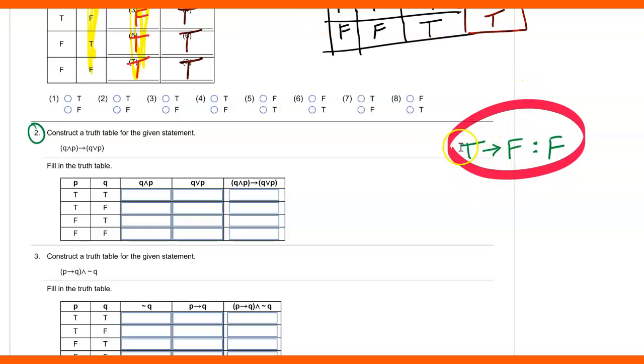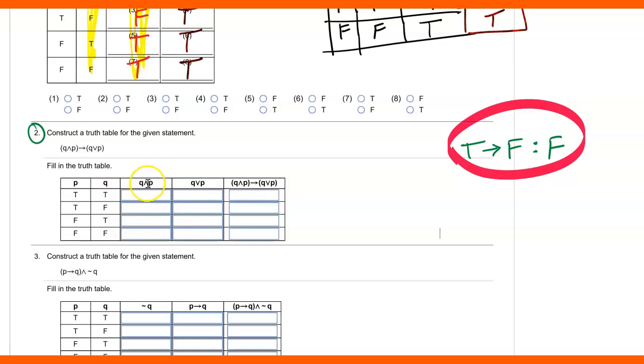It is only false if the first part is true and the second part is false, or if the if part is true and the then part is false. Other than that, it's always true. Do you remember for and and or? Let's do Q and P. Therefore, we're looking at these two columns. We're doing Q and P.